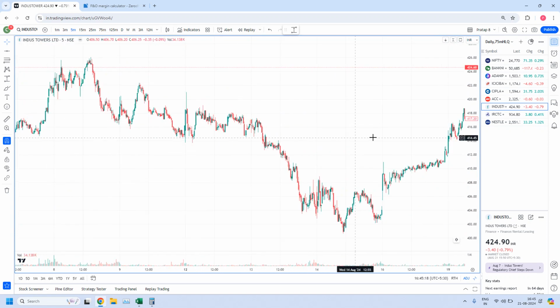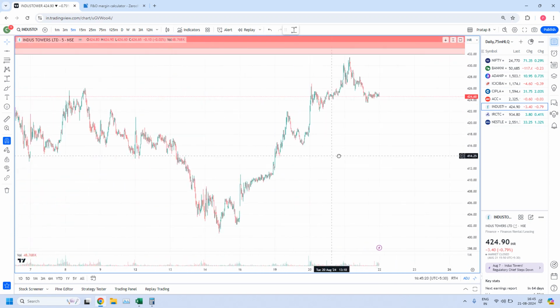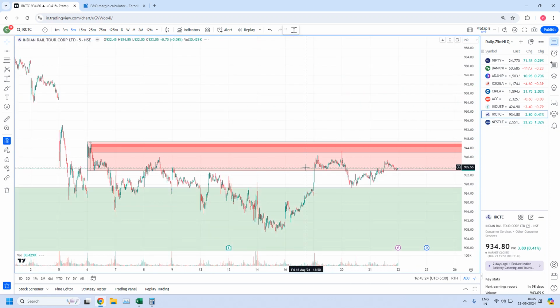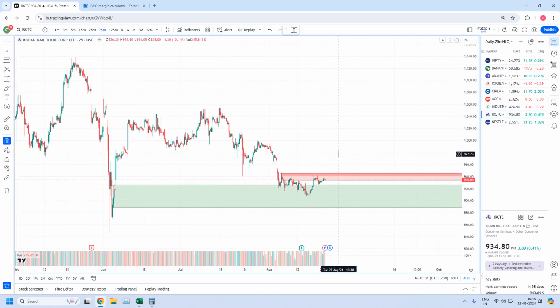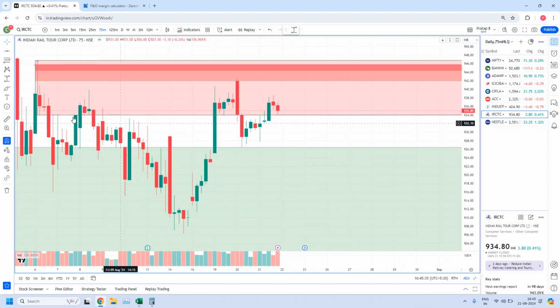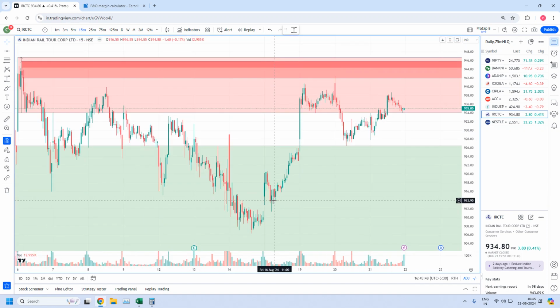But anyway, today prices did not enter into the zone. Next one is IRCTC. This is also a 75-minute supply zone. We have a rally, 2 base candles and a drop candle. Rally base drop. And this rally base drop is again fine tuned with the 15 minutes time frame.